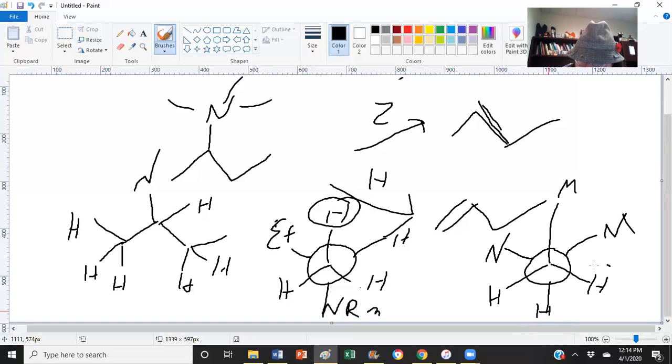Okay, looking at this, this would be the one we attack to kick out the N. But what we have here is a steric interaction between this methyl group and that bulky nitrogen. The steric interaction makes this an unstable mode of attack, that we have to leave that methyl close to something essentially staggered, but still staggered adjacent to that nitrogen in order for that bulky nitrogen to kick this off.